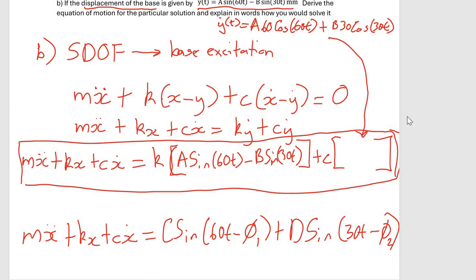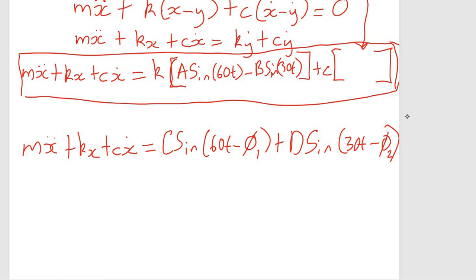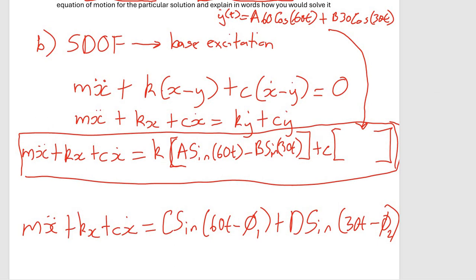But what the question asks us is to just derive the equation of motion for the particular solution, and then explain in words how you would have solved it. Having solved this, how would you have gone about solving it? Just an explanation in words as requested by the question.